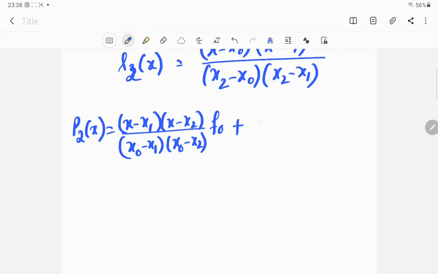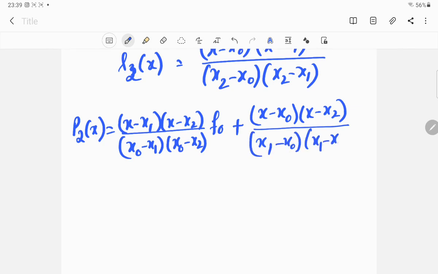So we are going to i equal to 1. So we will write x minus x0, x minus x2. I hope this time I am correct. And since i equal to 1, it will be x1 minus x0, x1 minus x2. So it is f1. Now I have i equal to 2.